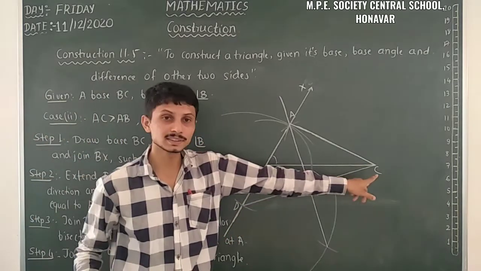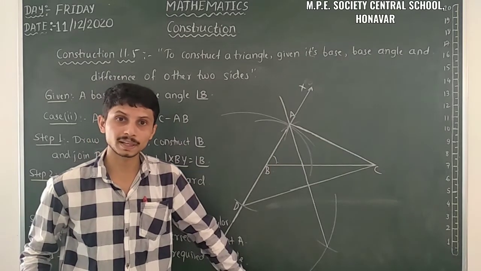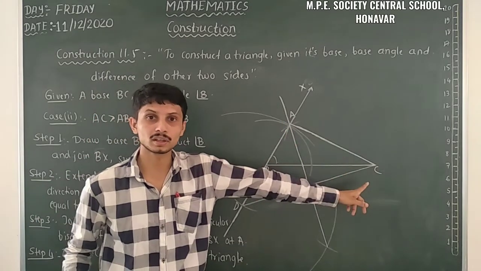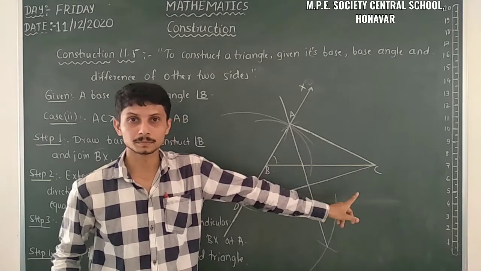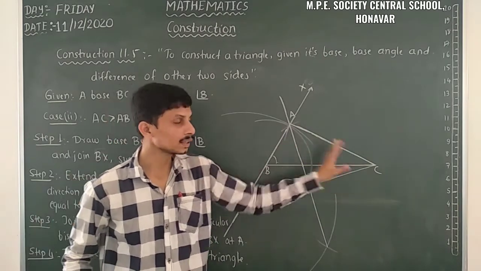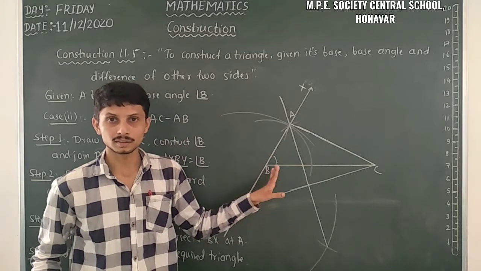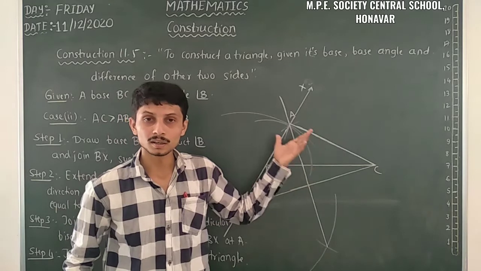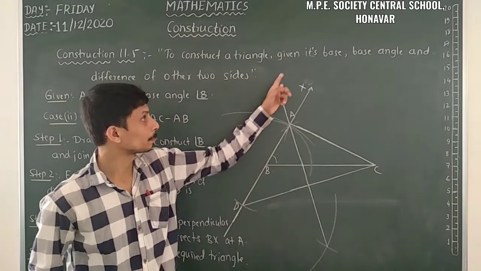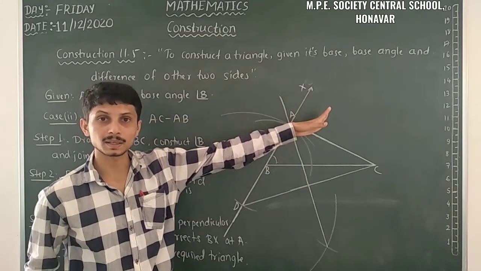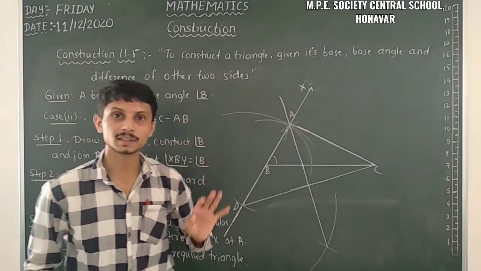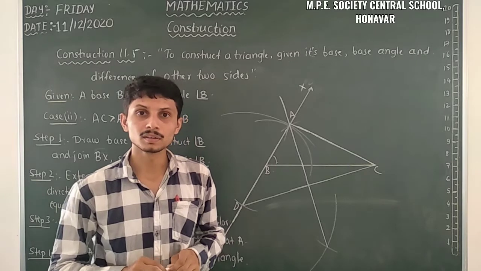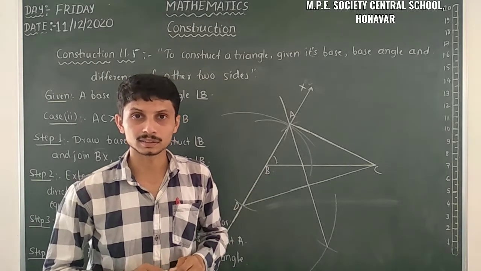Then we have to draw DC, and take the perpendicular bisector of DC which intersects BX at A, and join the points AC. So then we have the required triangle ABC here with the same measurements of BC, base angle B, and AC minus AB. So let us take one example based on this construction.